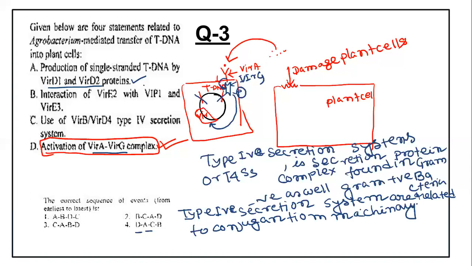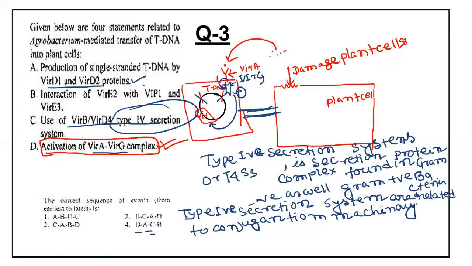Here it forms a pore or pilus-like, conjugation tube-like structure, and it uses the conjugation machinery for transfer of the T-DNA into the plant genome. That's why it's a type 4 secretion system. So it's option C.